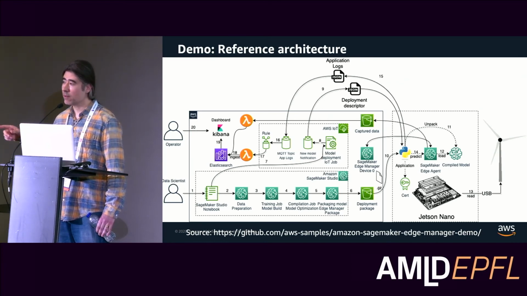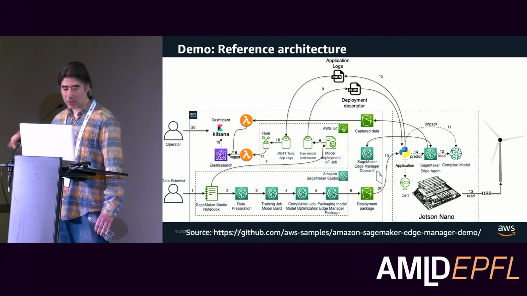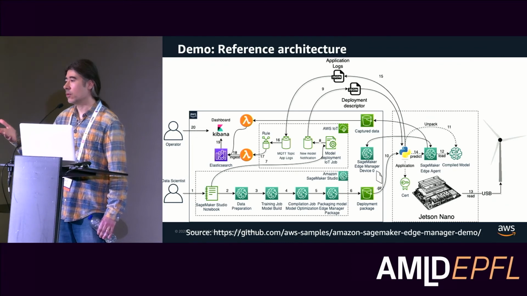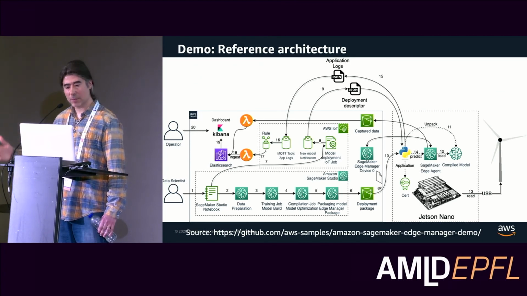So a Linux device, ARM CPU, and an NVIDIA device for GPU. Under the hood, it uses TensorRT to optimize the model for the GPU. And then at the edge, you have a Python application reading directly from the USB connection on Arduino. In a real scenario, you will probably read from SCADA or another real mechanism. This is a toy, so it's just an oversimplified model.